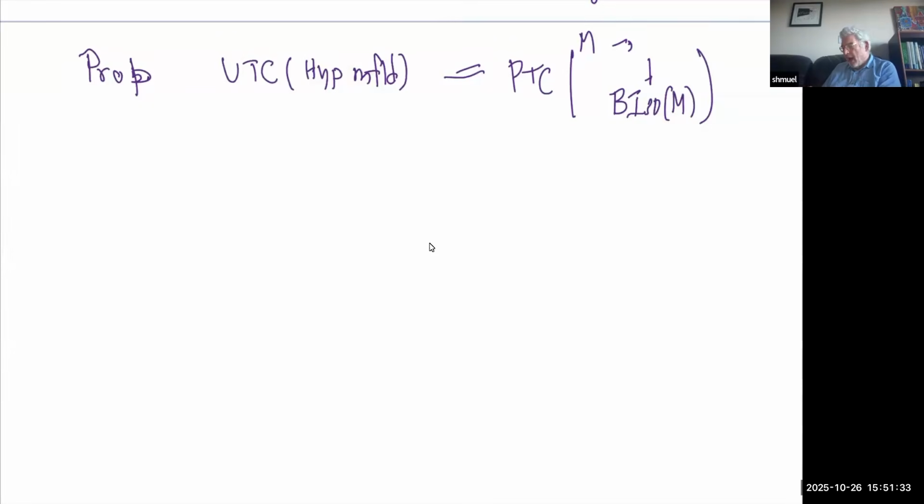Obviously, there's some inequality this way. But the statement is that this is an isomorphism.